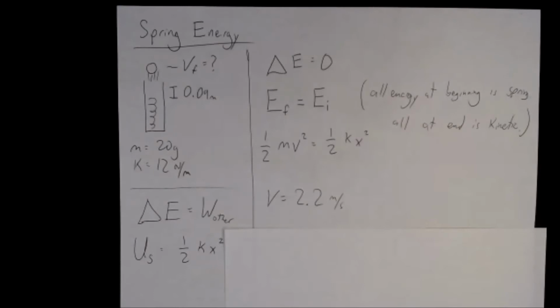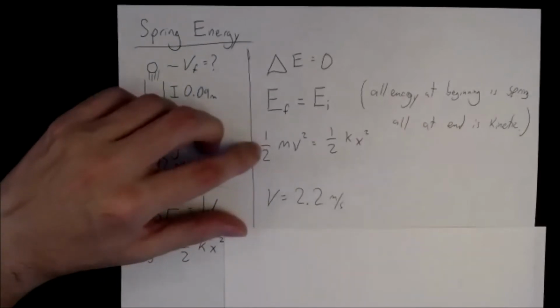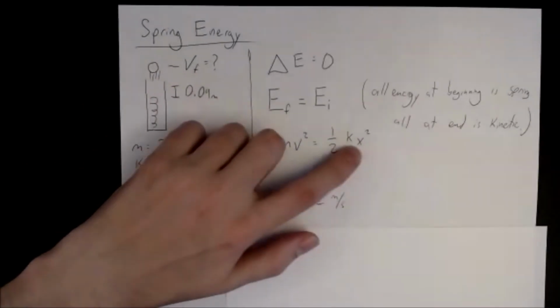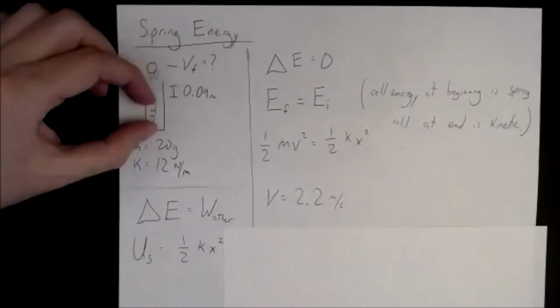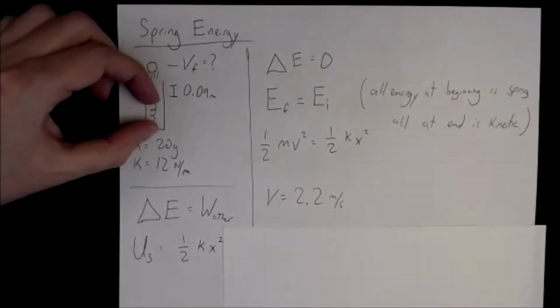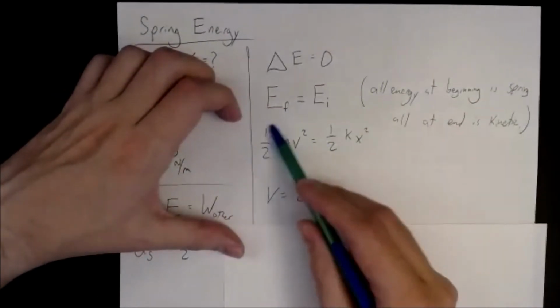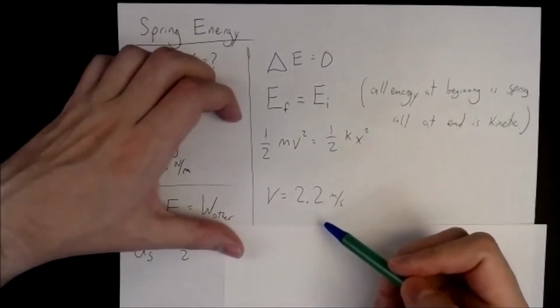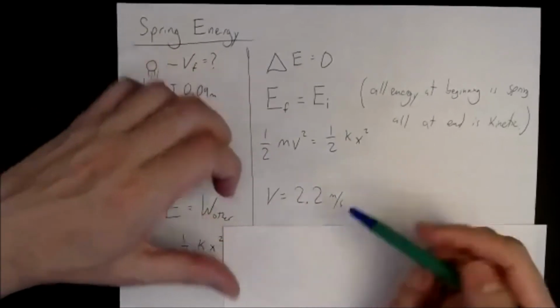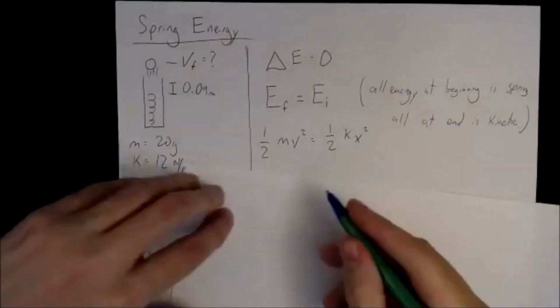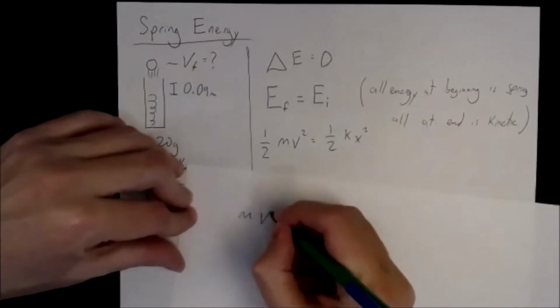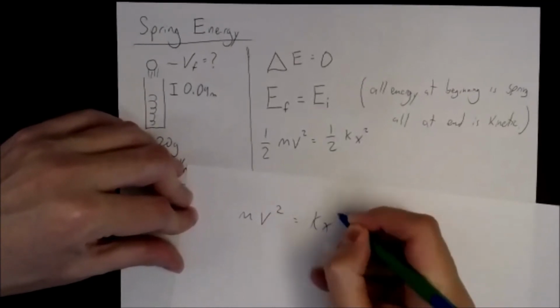In this setup, the velocity and the distance that you have scrunched the spring are proportional, but only because if you take the square root, imagine just taking the square root of both sides and canceling out the 1/2. I'll write it down. Let's cancel out the 1/2, so it's just mv squared is equal to kx squared.